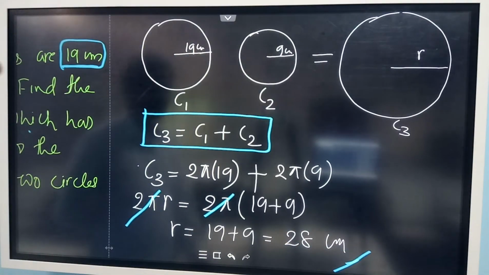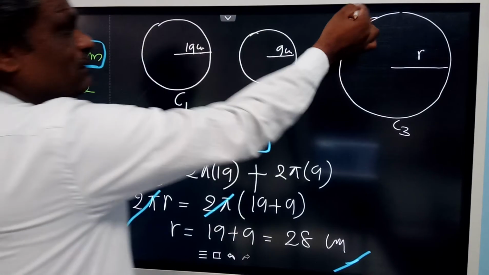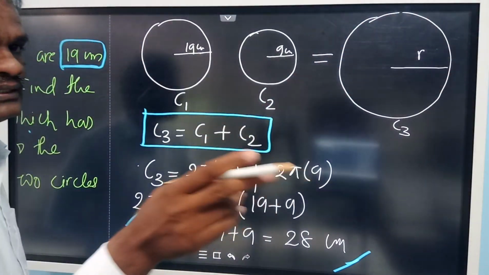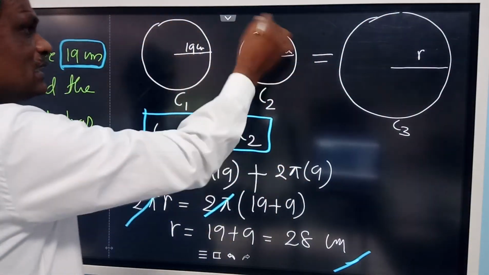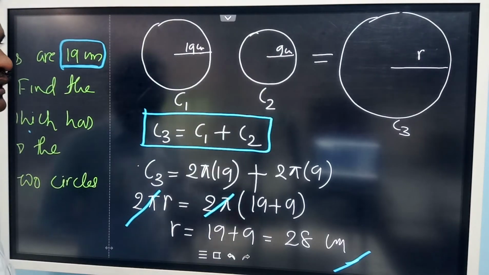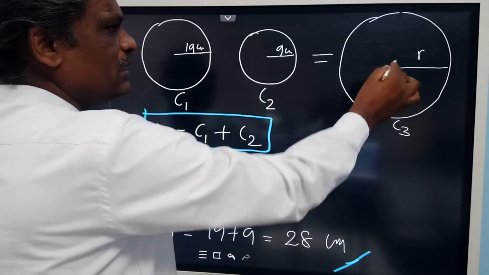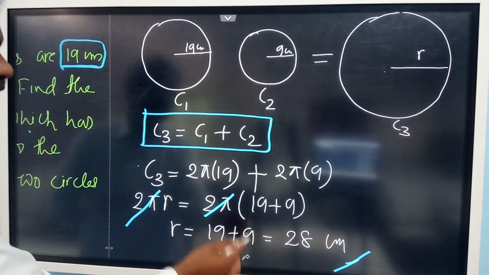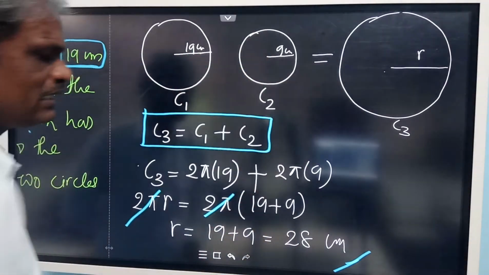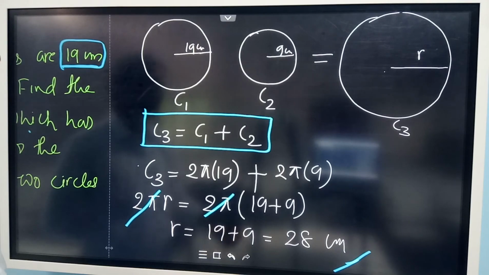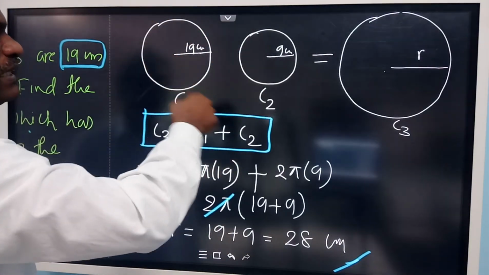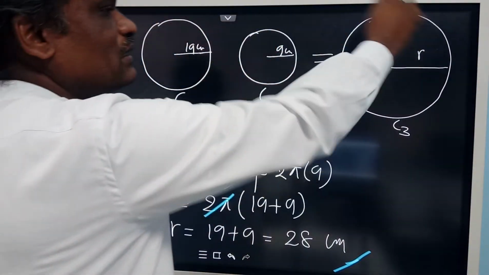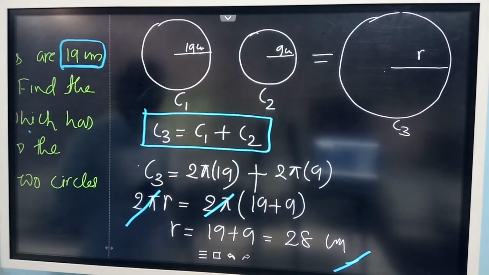See how it is given. The circumference of the bigger circle is the sum of the circumferences of the other two circles. So the radius is also the sum of the radii of these two circles, 19 plus 9. Why is it like this? Because this circumference plus this circumference is equal to the circumference of the third circle.